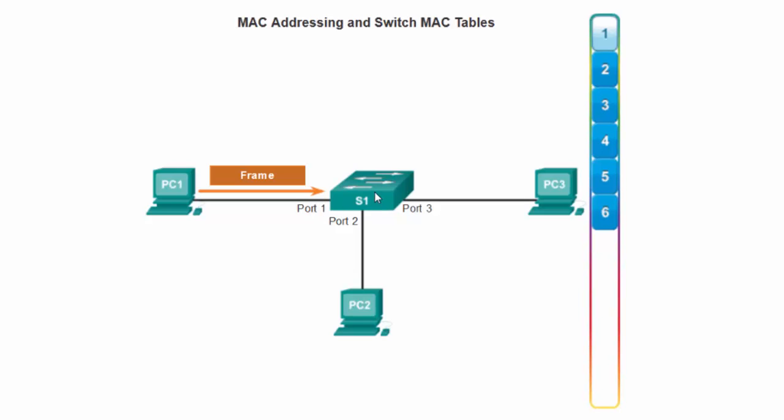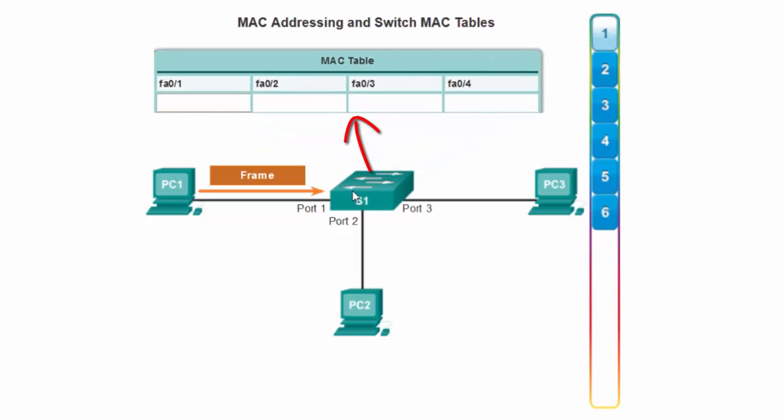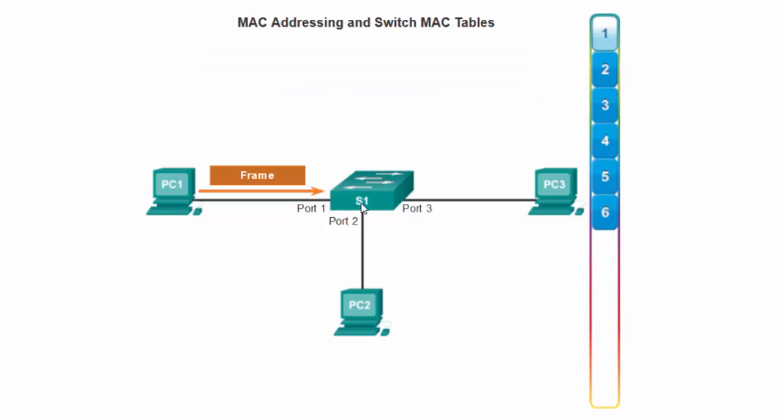At the beginning, the switch initially has an empty MAC table, so it does not know which PC is connected to which port. When it receives that frame on port 1, that's one piece of information that it learns.